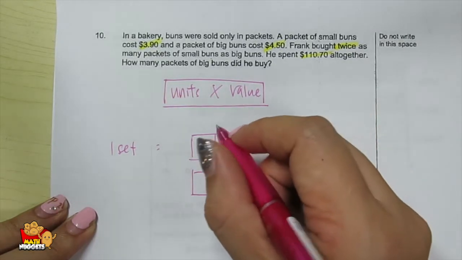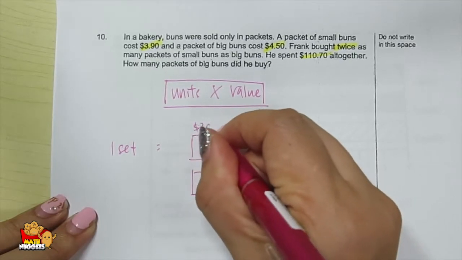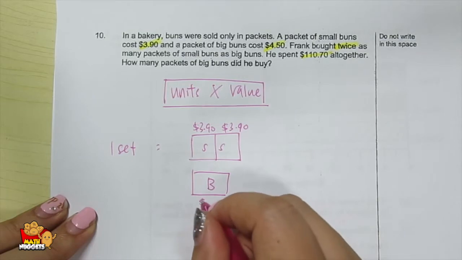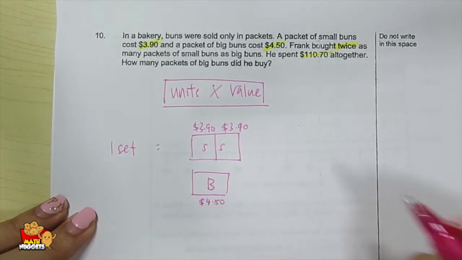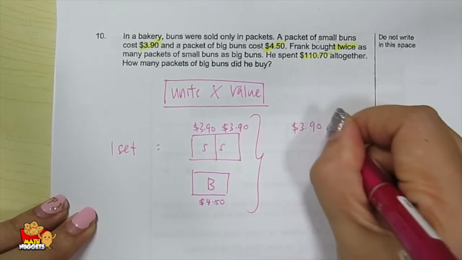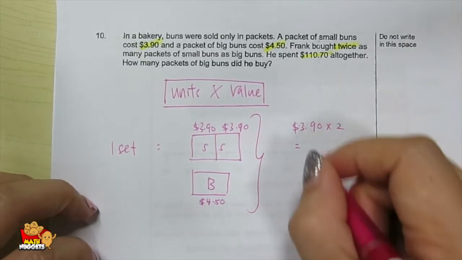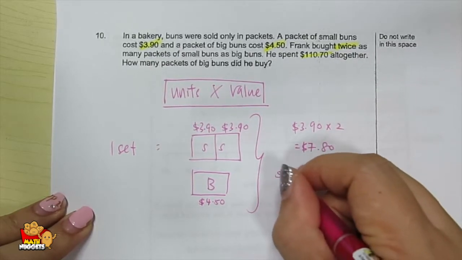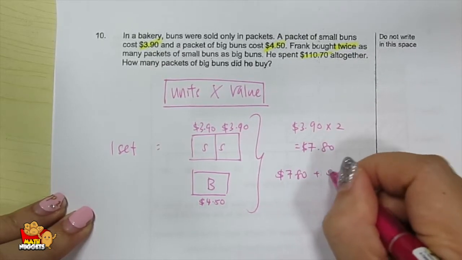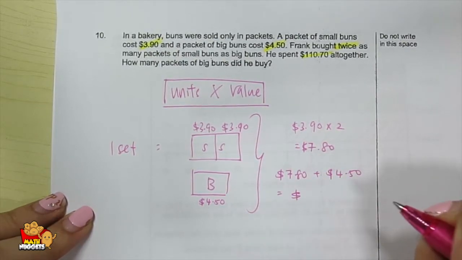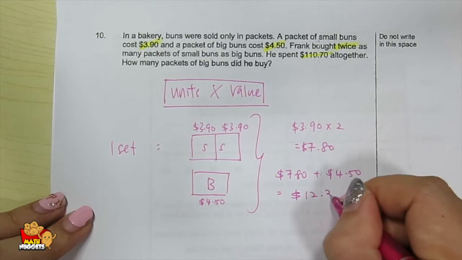Okay, so small is 390, big is 450. So let's find out the value of one set. 390 times 2, 780. So 780 together with the big, $12.30.